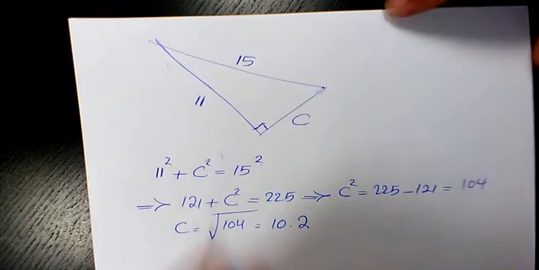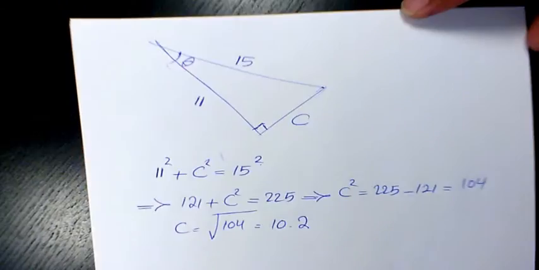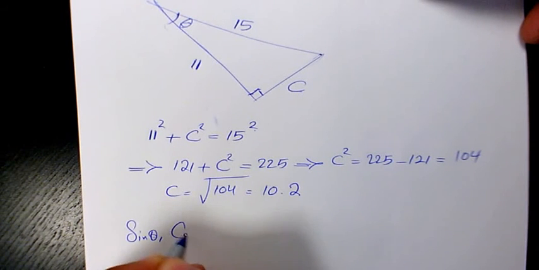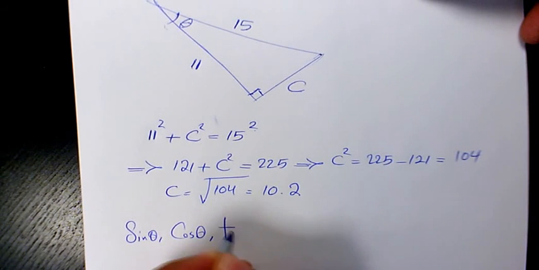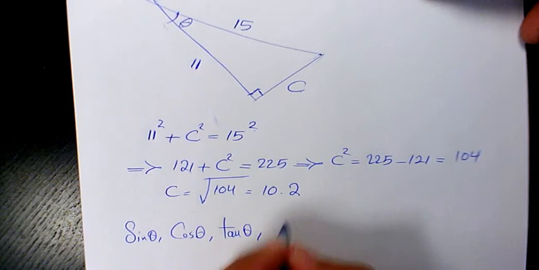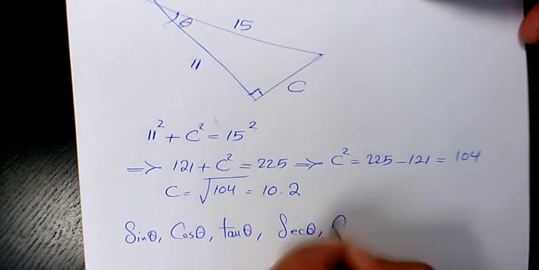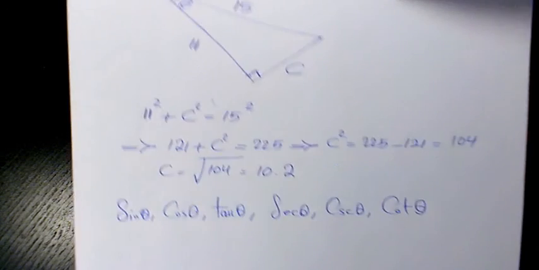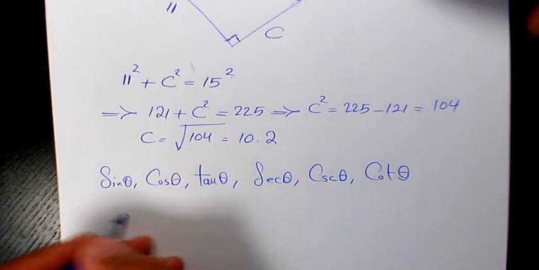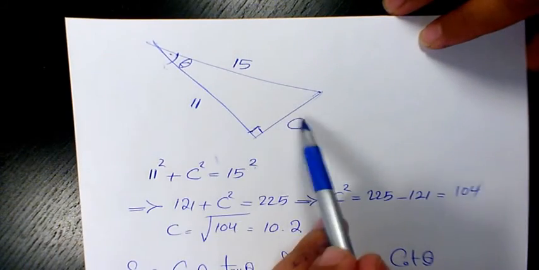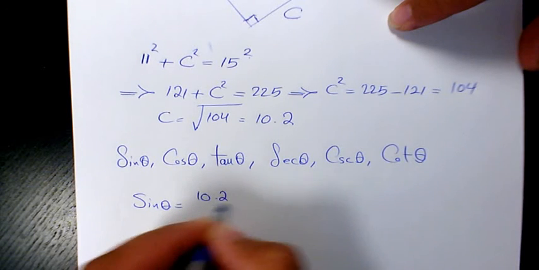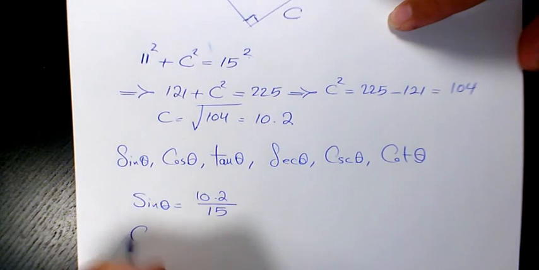Now, if you want to find out theta, find out sine, cosine, tan, secant, cosecant, cotan theta. So sine theta is going to be opposite over hypotenuse, which is going to be 10.2 over 15.